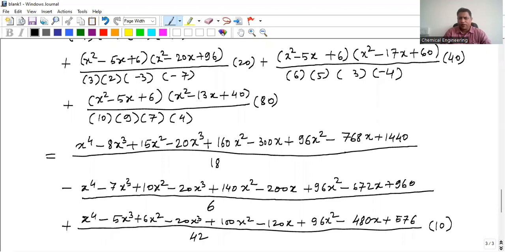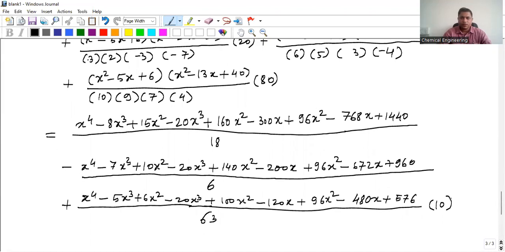That means here we'll be having 10. So what we get here? So it will be 63 in the denominator. Correct. So this is going to be 63, right?